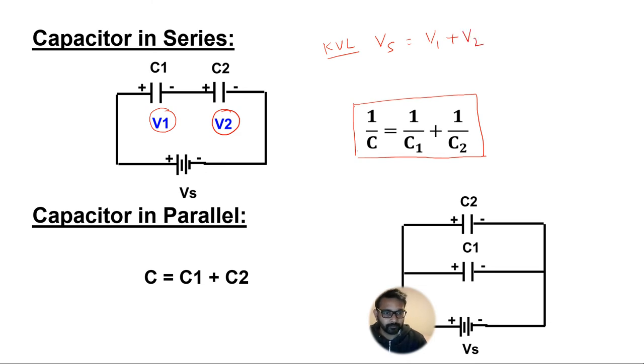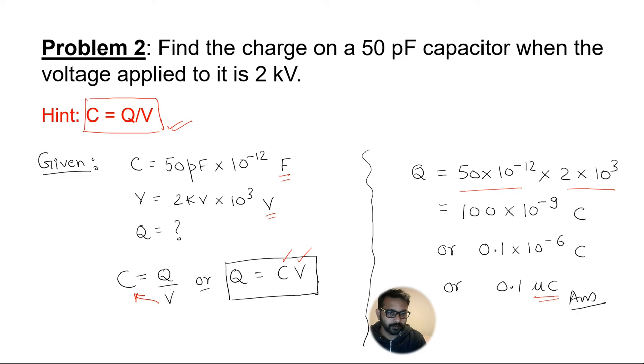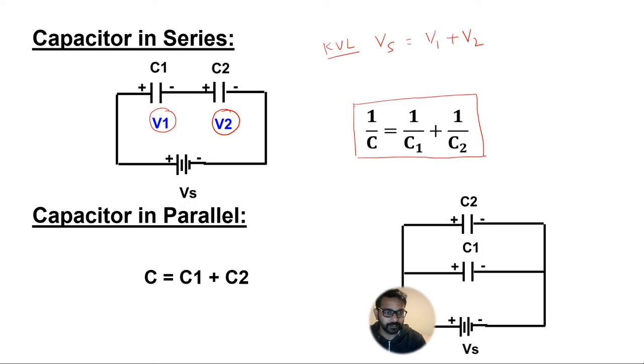And we have just now studied the formula C is equal to Q divided by V, or we can develop a formula to find the value of voltage, which is V is equal to charge divided by capacitance. Now the charge flowing between the two capacitors C1 and C2 will be the same as the charge generated by your supply voltage, since the two capacitors are connected in series.